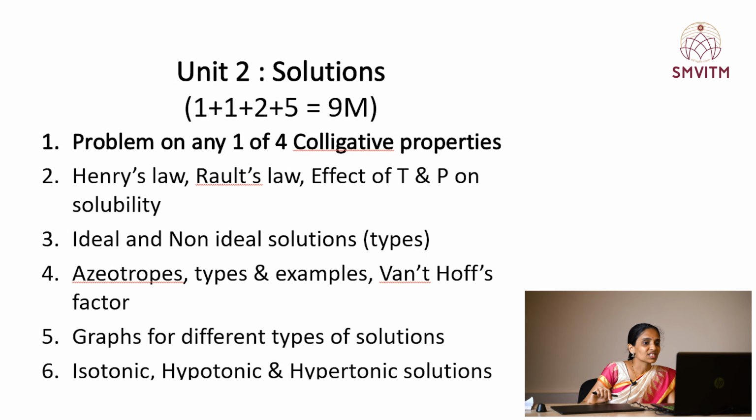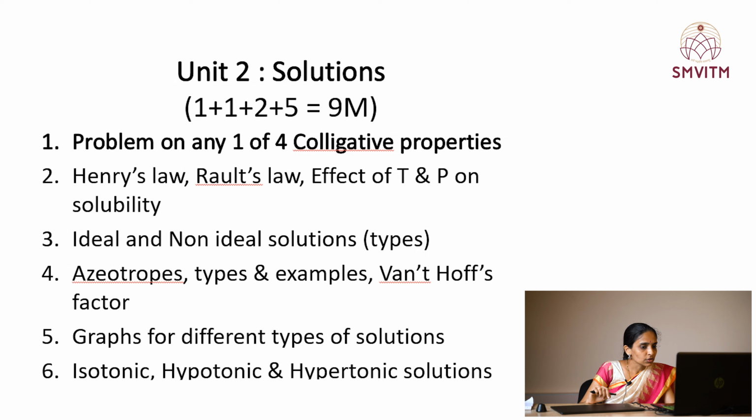Non-ideal has two types, type 1 and type 2. There are azeotropes, types of azeotropes. Van 't Hoff factor i, you can expect a small problem on its formula. There are graphs, different types of solutions, isotonic, hypotonic, hypertonic. And one more, most of the times asked question is reverse osmosis. So all these are there. The 100% sure question is only one, that is the first question which we have discussed.